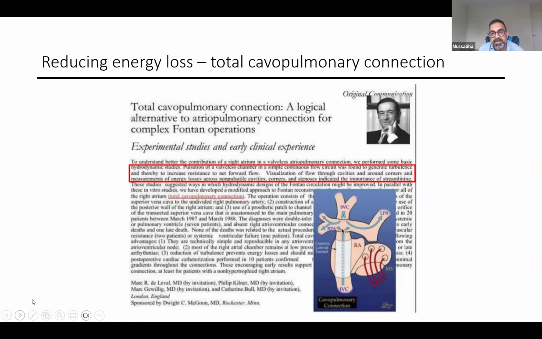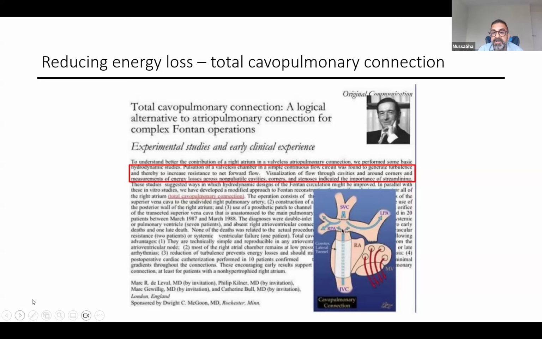And what he suggested was that there was almost like a tunnel formed within the atrium, made of Gore-Tex, so that the systemic venous return was a bit more contained, and it wasn't causing distension of the atrium, which essentially was acting as an energy sump. So the energy from the venous return was being dissipated in the atrium, and therefore the blood was not being directed efficiently through the pulmonary vascular bed.